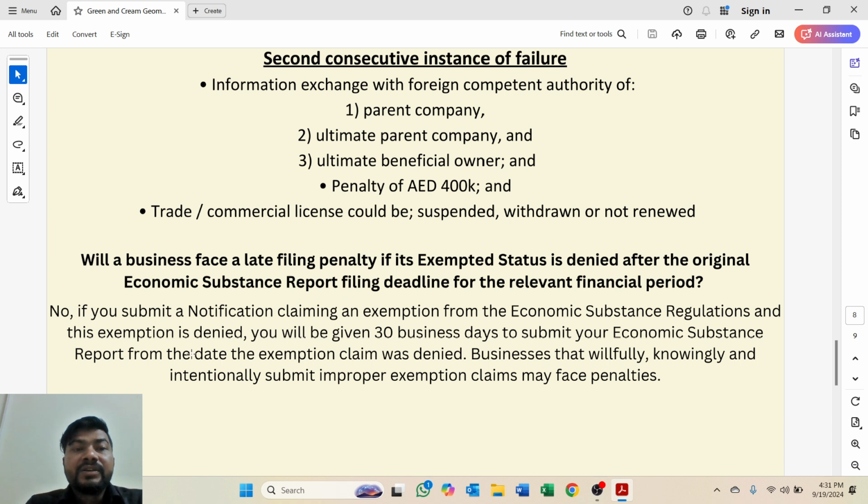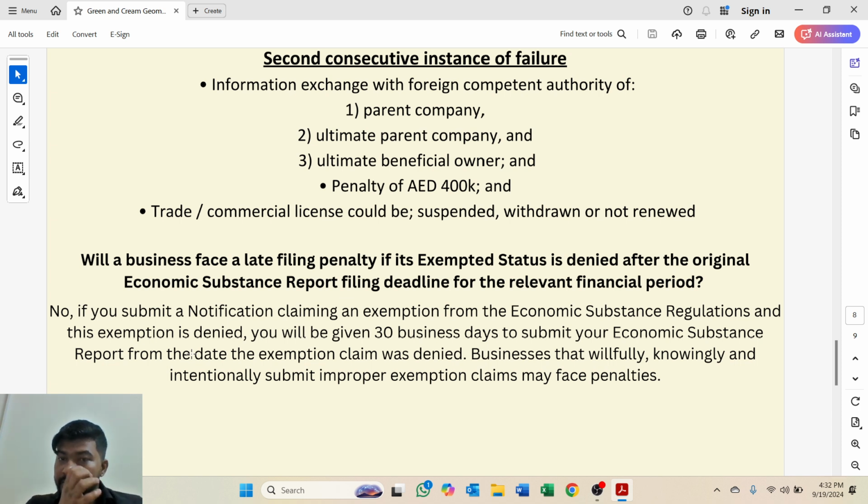In that case, will the company face a late filing penalty or not? So here, will a company face a late filing penalty if its exempted status is denied after the original notification report filing deadline for the relevant economic financial period?